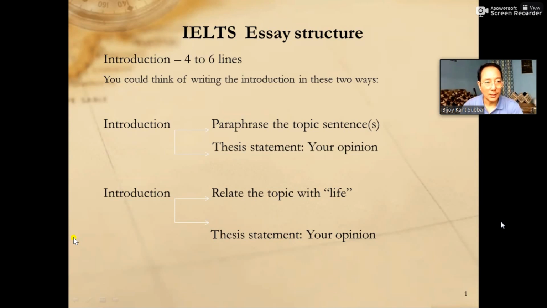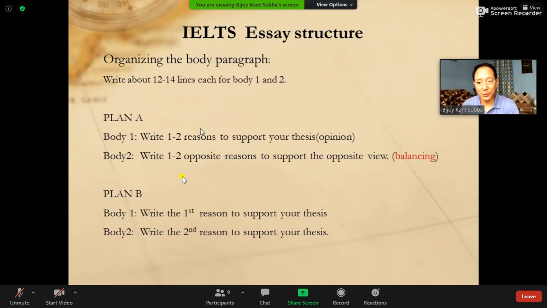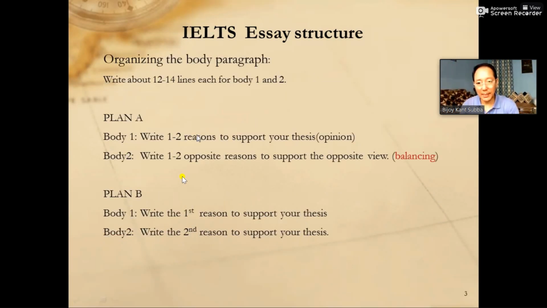Right. Now let's see what we do in the body paragraph. We have plan A, plan B, but let's forget plan B. I'm going to eliminate this right away. Let's focus on plan A. So what's plan A? In plan A, what we do is we write two body paragraphs. So you've got body paragraph 1 and body paragraph 2.